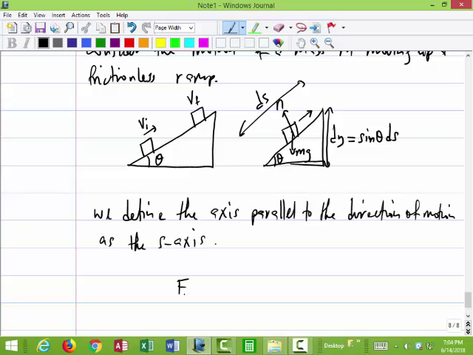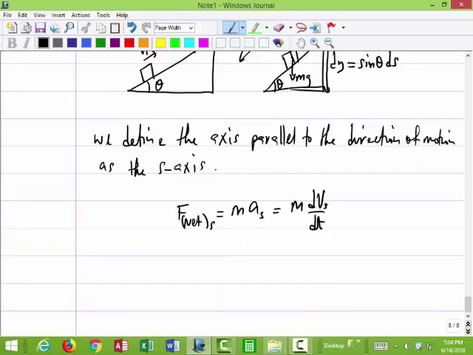So our net force along s is equal to the mass of the object times acceleration in the s direction, which we can say is m dv subscript s dt. We use our chain rule again like what we did before.